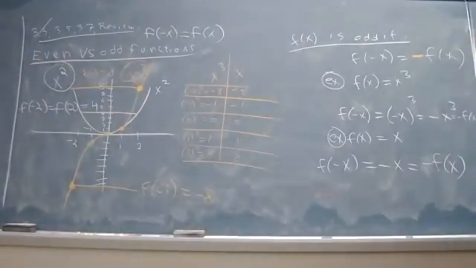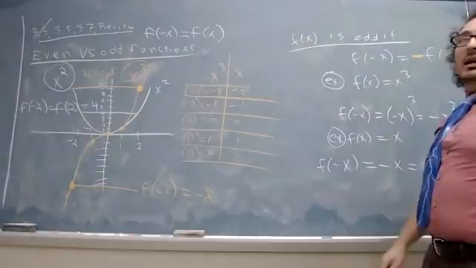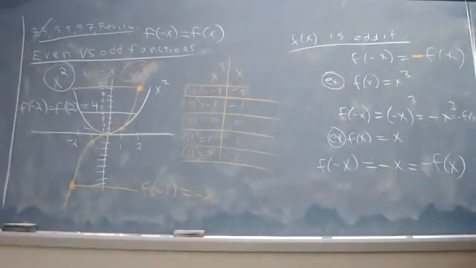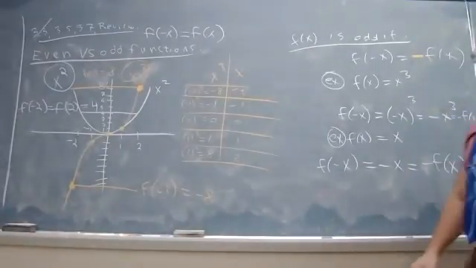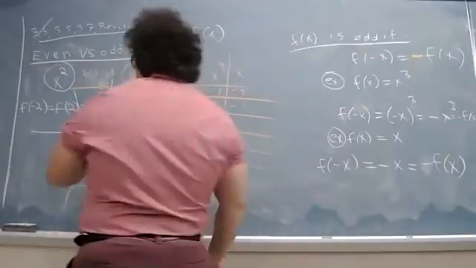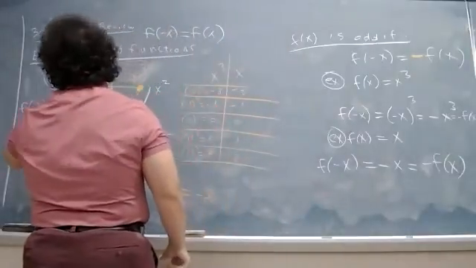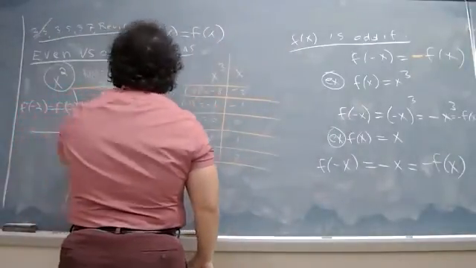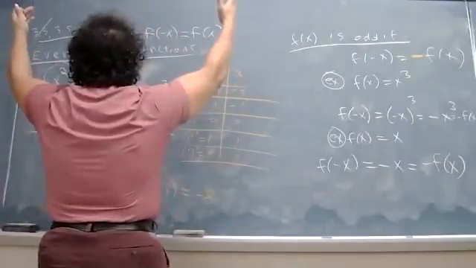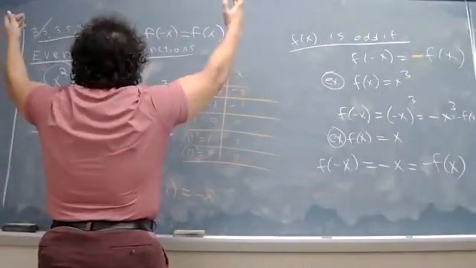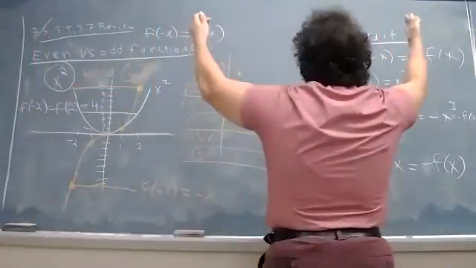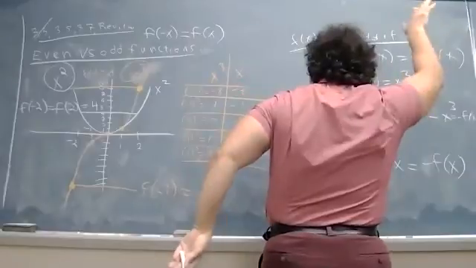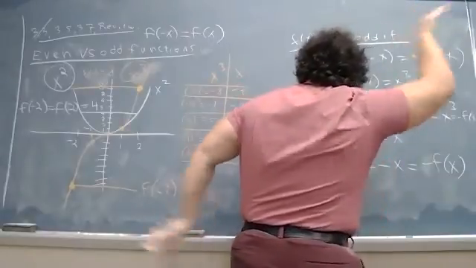So that's why f of x is equal to x cubed is an odd function, whereas f of x is equal to x squared is an even function. And this stuff is really beautiful because even functions have symmetry. Notice that the parabola looks the same on the left and the right. It's got y-axis symmetry. Whereas f of x is equal to x cubed does not. It has this anti-symmetry, like so.